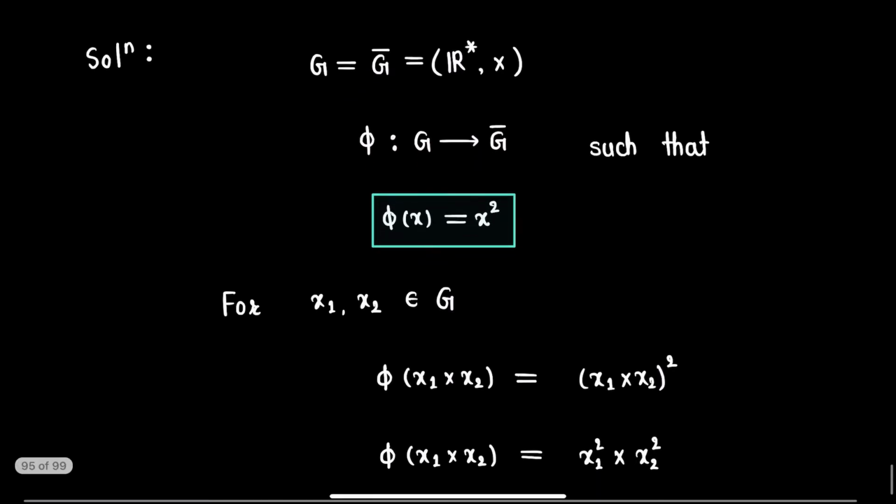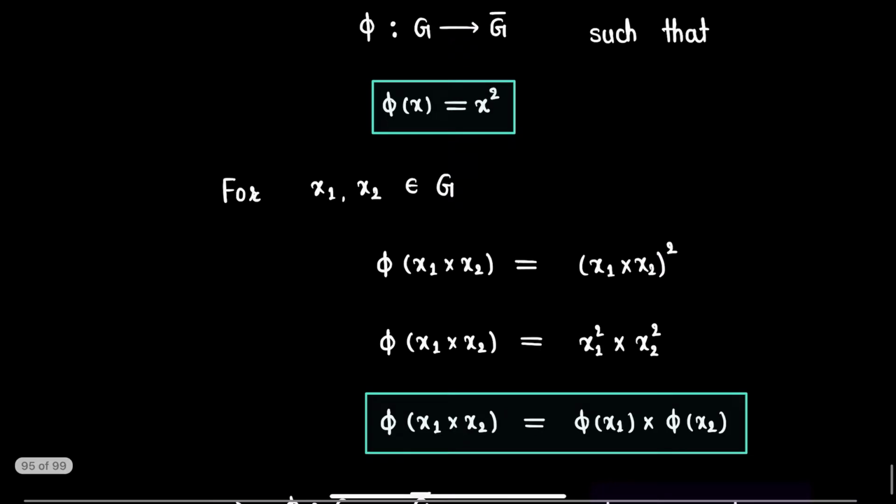So for this, consider any two elements, say x1 and x2, in group G. Then phi of x1 multiplied by x2 will be equal to x1 multiplied by x2, its square, from here. Now we know the property of real numbers.